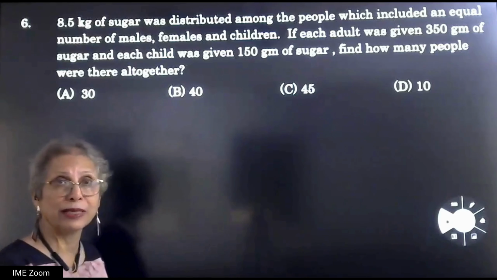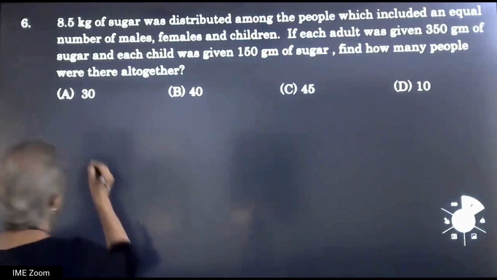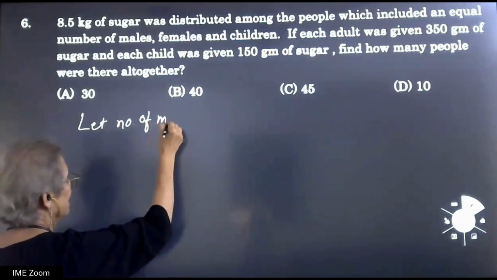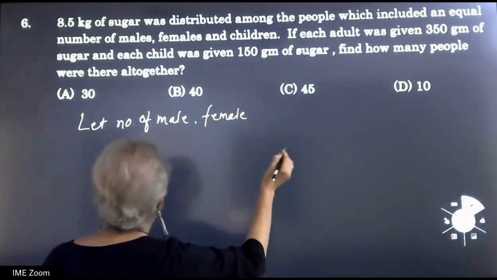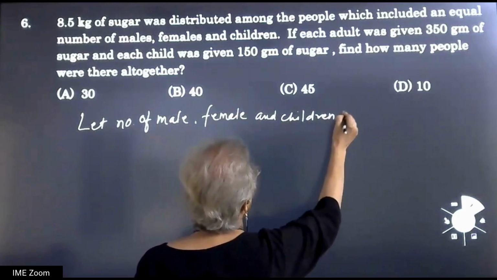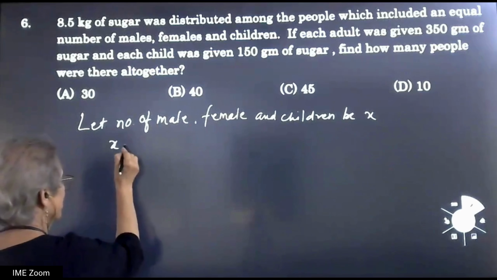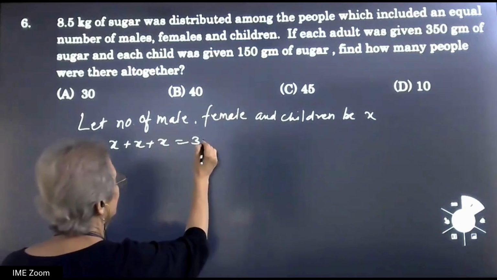We don't know what equal number is, so let us consider X. Let the number of male, female, and children be X. It means total there were X plus X plus X, 3X people.